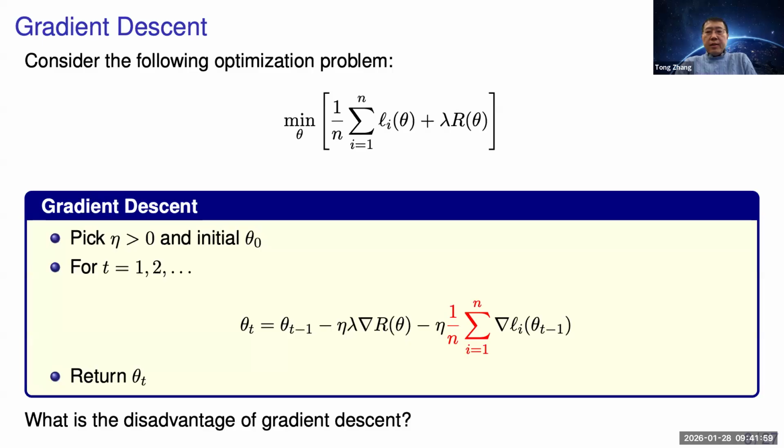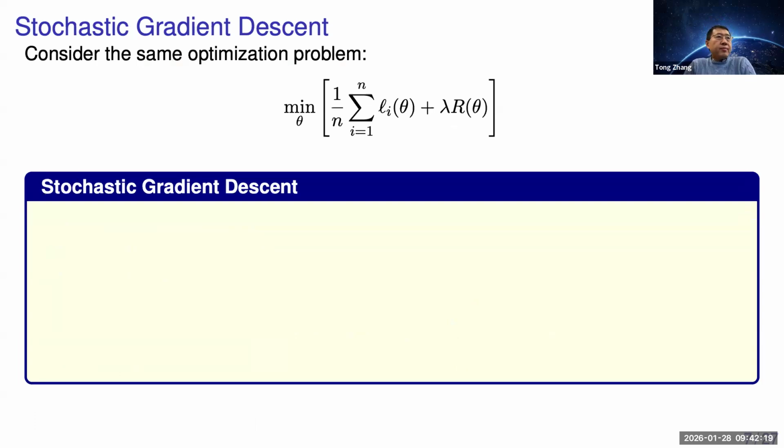The main issue is just computation. You have to go over the whole data set. If you have a small data set, it's okay, say 100 points, but if you have a large data set, it's a problem. So this is where we want to use stochastic gradient.